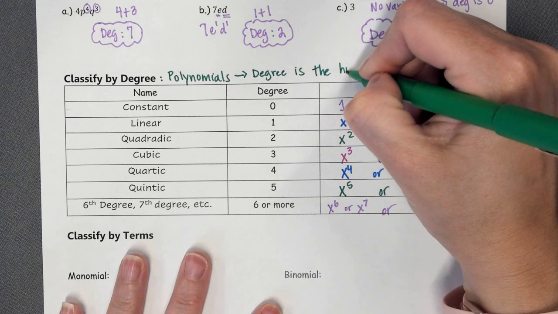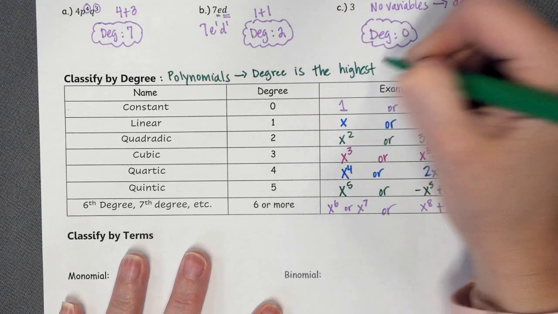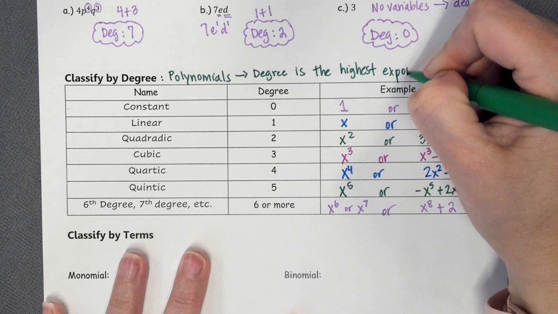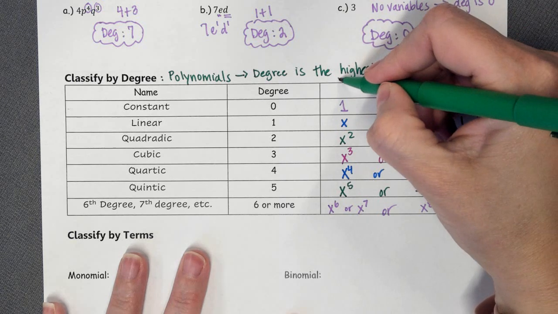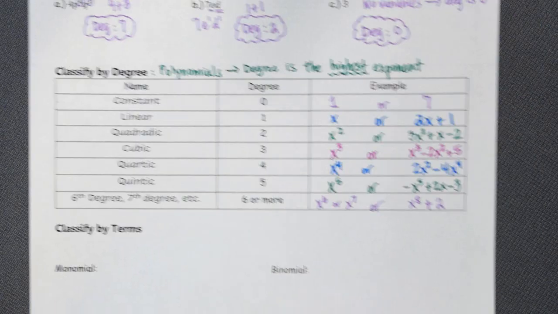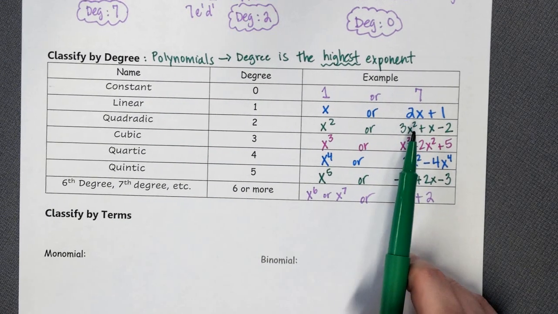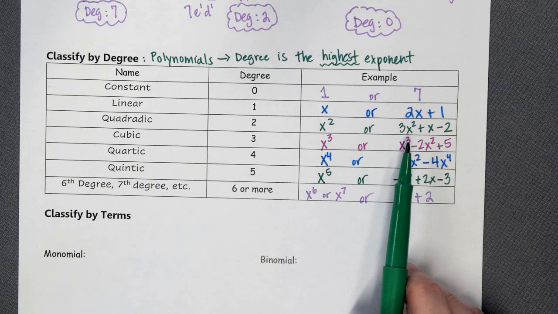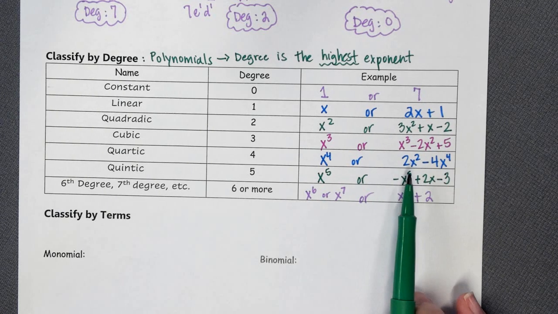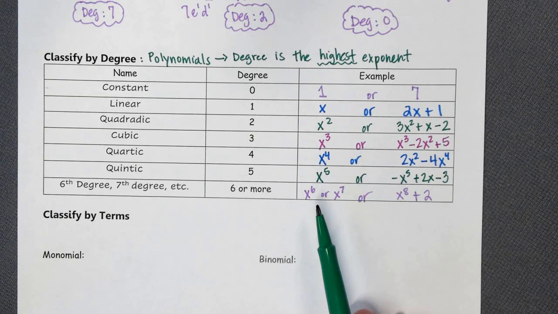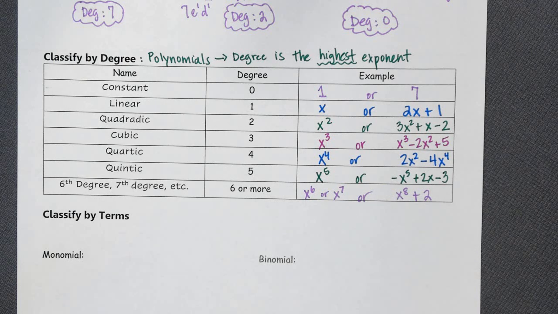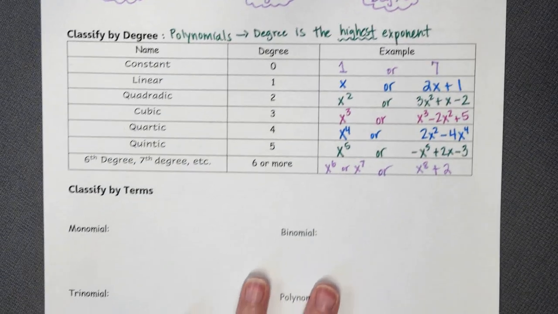So you're not adding them together in a polynomial. The highest exponent here is 1. This one is 2. This one is 3. This one is 4, 5. And then I showed you several on the bottom. So you're going to find what the highest exponent is here.